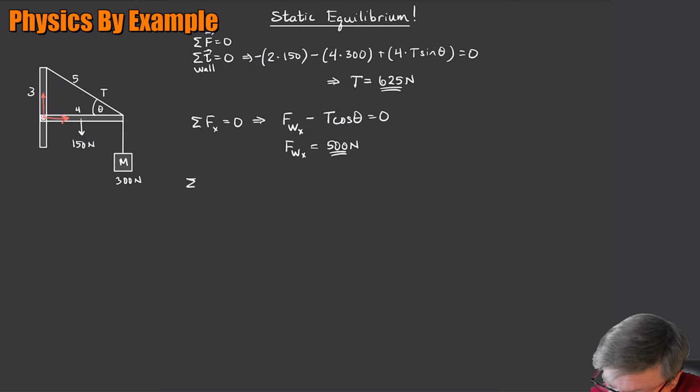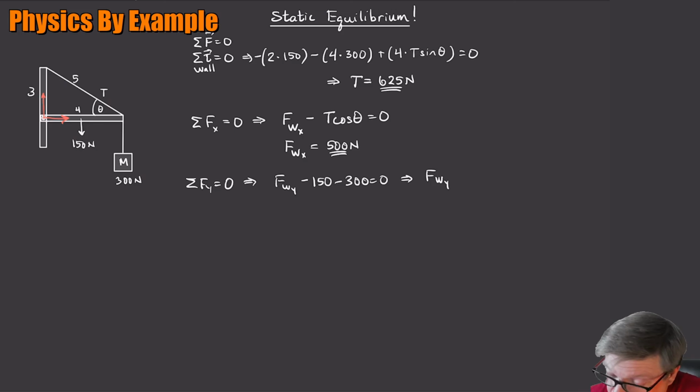And now I can get the y. The sum of the forces in the y direction is also 0. What forces do I have in the y direction? I've got F wall y, going in the positive direction, and then minus 150 minus 300. Oh, and then T, oops, I forgot one.